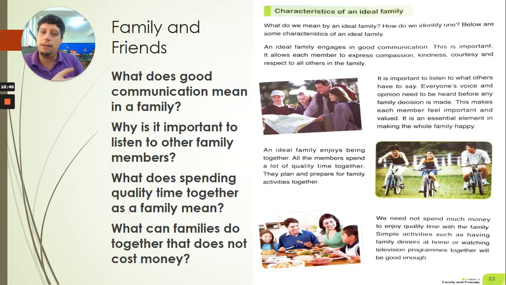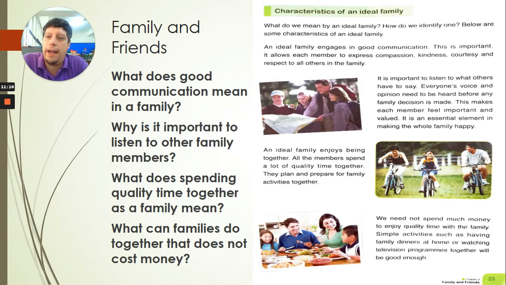But in general, this is what most people associate with having a perfect or ideal family. So the first one, an ideal family engages in good communication. This is important. It allows each member to express compassion, kindness, courtesy, and respect to all others in the family. So, good communication.